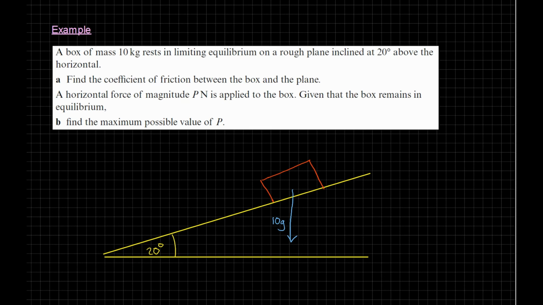Okay, right, there's a key word here we need to pick up on for a moment. Limiting equilibrium. Okay, this is giving us even more information than just equilibrium. It's actually giving us extra information. So there's a difference between equilibrium and limiting equilibrium. Well, limiting equilibrium is more specific.